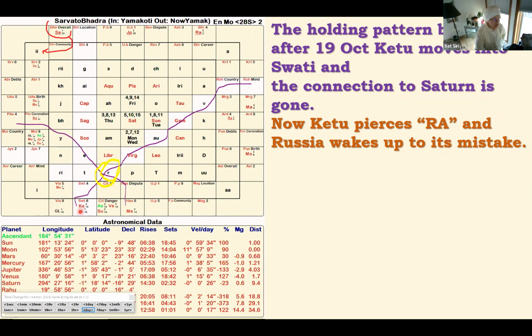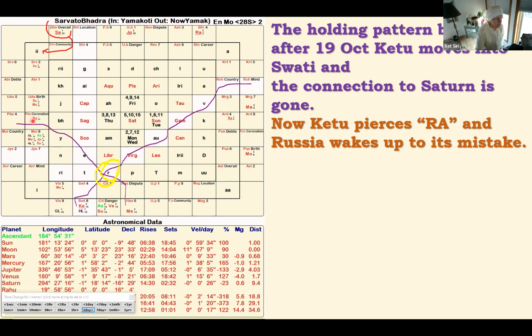And what happens on October 19th, in just a short period of time from now, Ketu will be shifted over out of Vishaka into Swati. And once it's in Swati, it's not in the screen, it's not impacting or supporting or being supported by Saturn. And what it is doing is it's putting its Veda through Russia. So that is extremely significant.